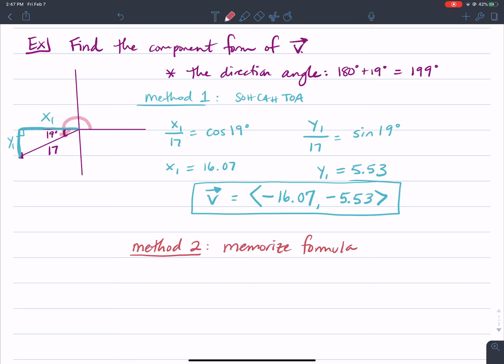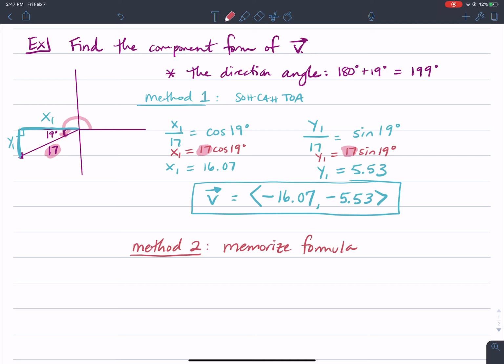The work we did up here was to say that x1 was equal to 17 times cosine 19, and that y1 was equal to 17 times sine of 19. That 17 has special significance in the formula. The 17 is equivalent to the magnitude. So that's really important.